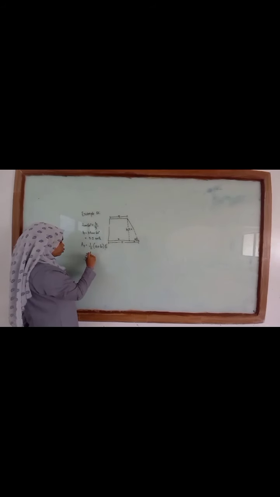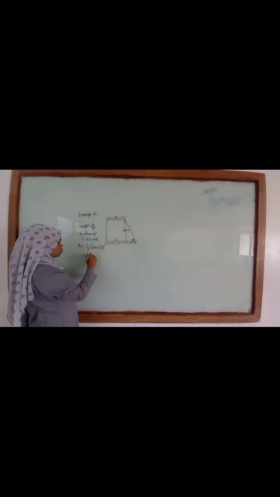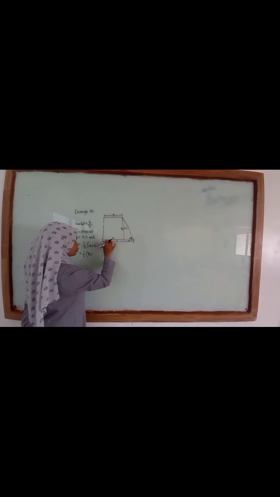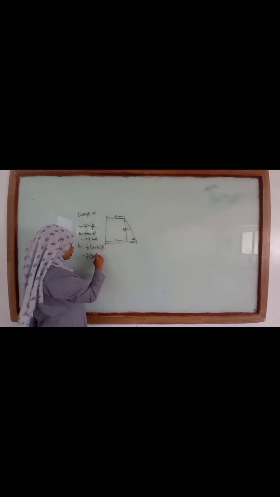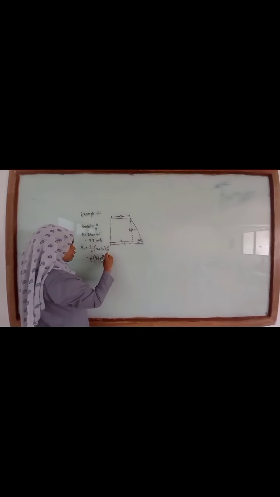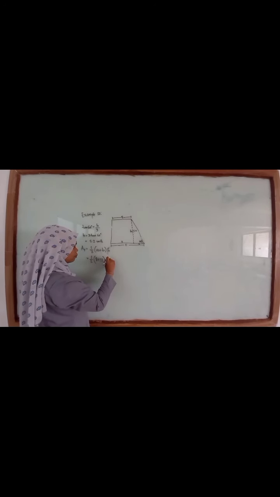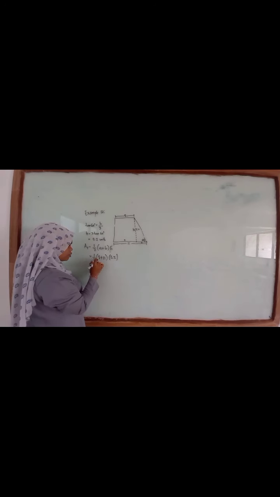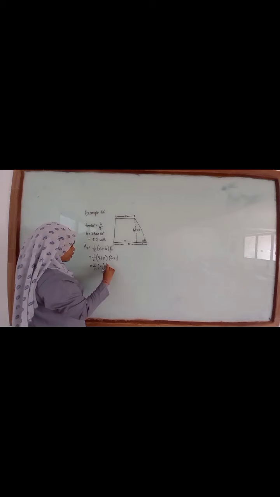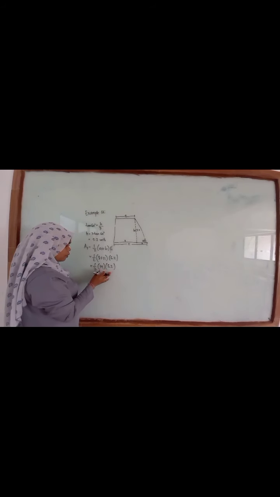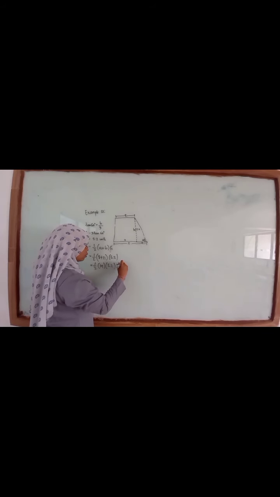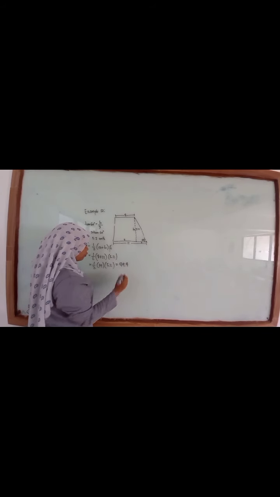By substitution, we have 1/2 times 8 plus 11, times our height, which is 5.2. Multiplying, 8 plus 11 is 19, times 5.2. Using a calculator, you will have 49.4.